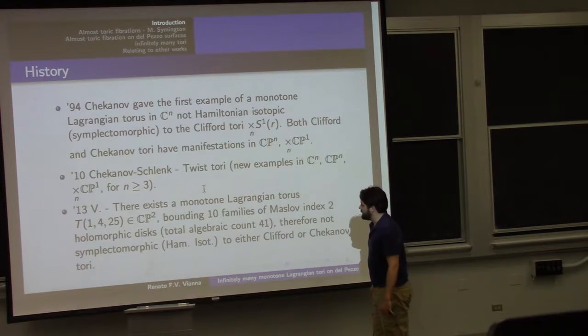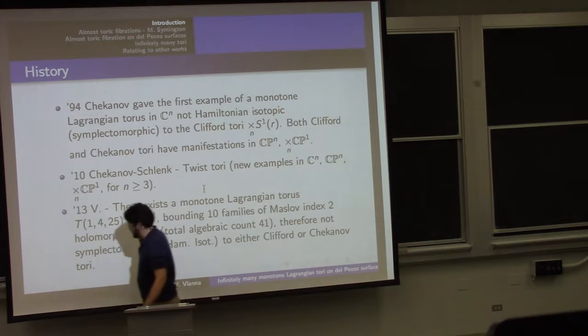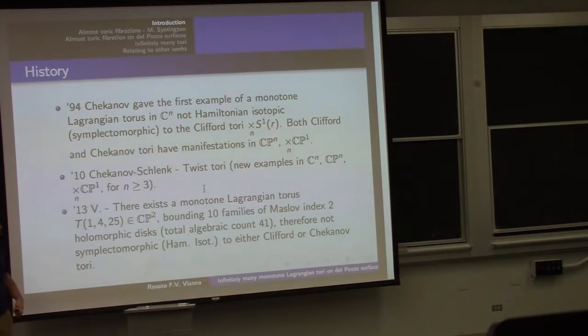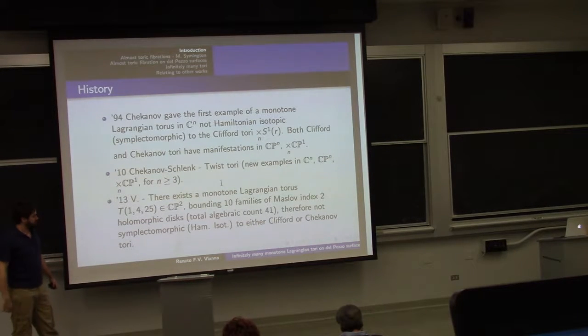Then in 2013, actually I started thinking about it perhaps in 2012, Galkin and Usnich were working on these mutations of the superpotential of the mirror that they had. They understood how the superpotential should mutate.